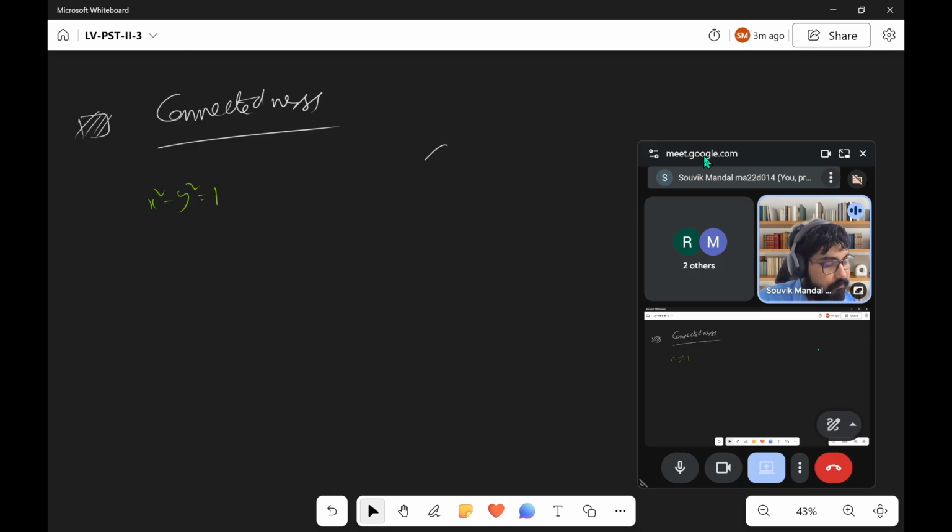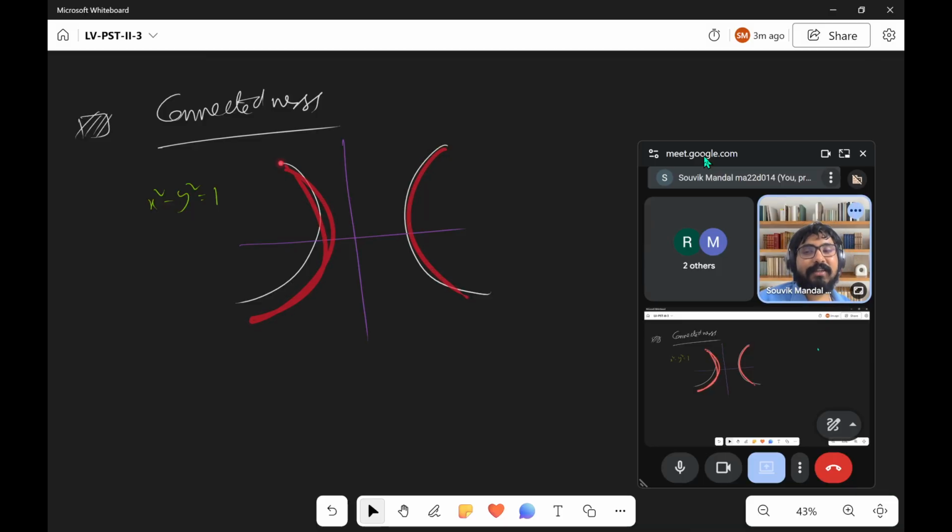How does this graph look? It looks like this, right? These two curves are not connected with each other, so in some sense they are disconnected.